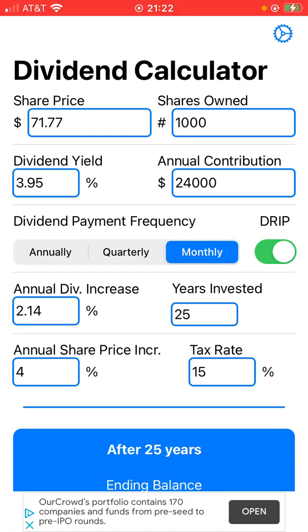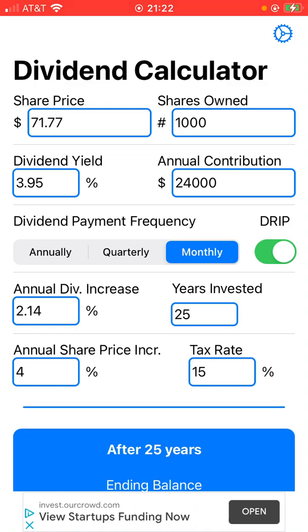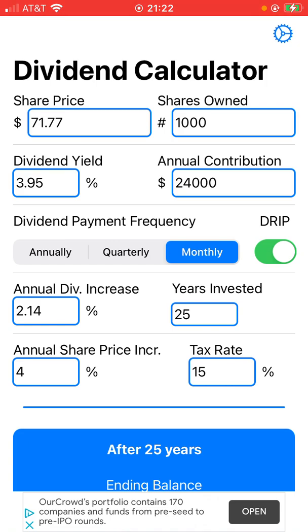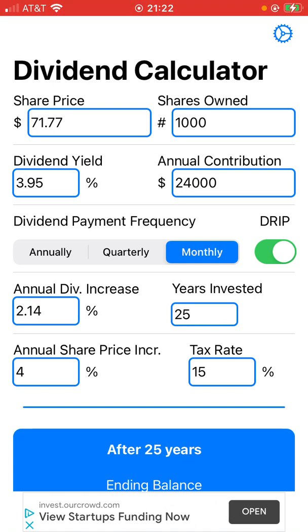So we get it. But anyway, there's a lot of companies that hire other companies to run dividend reinvestment plans, like ComputerShare. ComputerShare is an awesome company that manages companies like Disney.